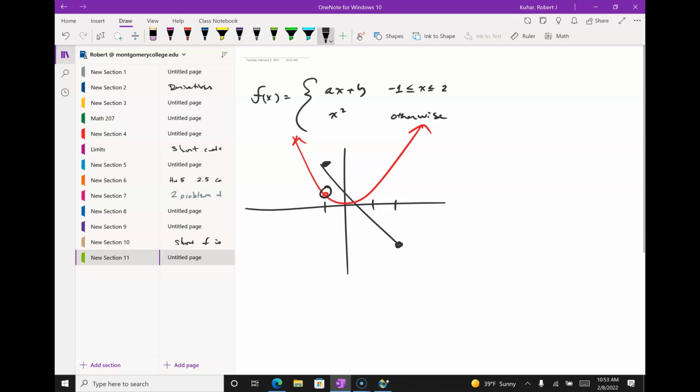And at 2, it's a height of 4, right? Can you see it? You see the quadratic? Yeah? And then there's some segment in between, but I want them to match up, right?